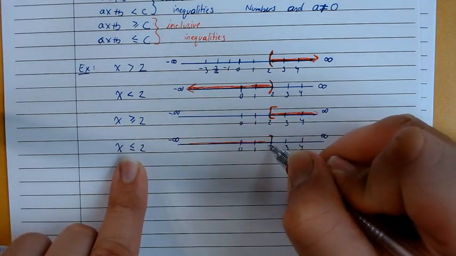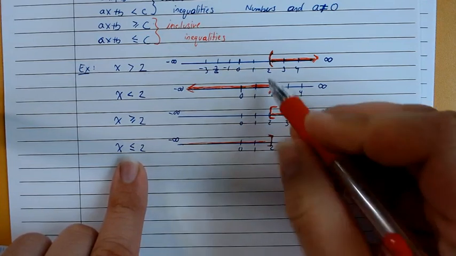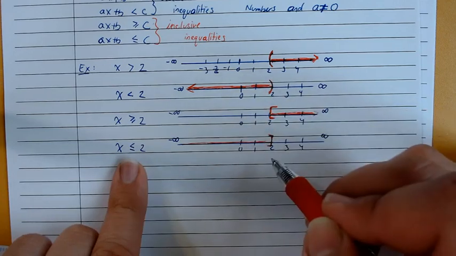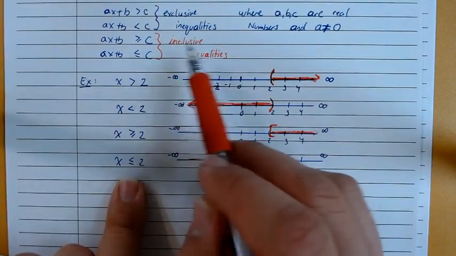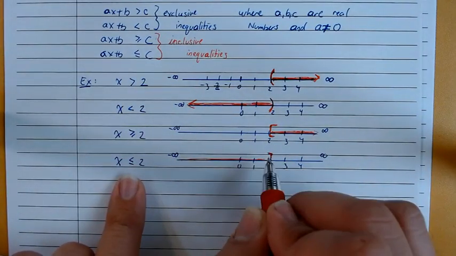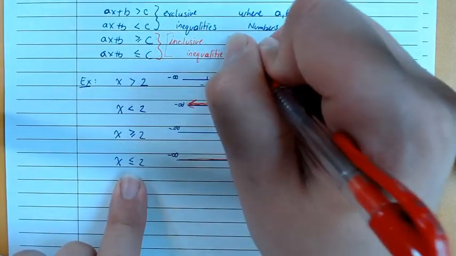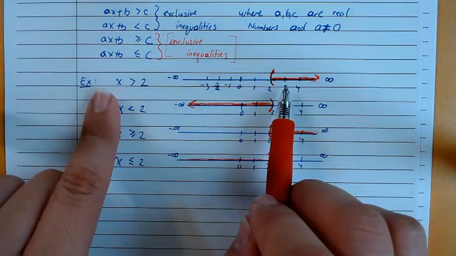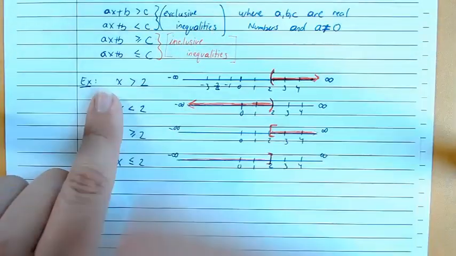So to signify the fact that that 2 is part of our answers now, we're going to use a square bracket as opposed to the round parenthesis that we had before. Okay? So inclusive inequalities that include the boundary, that include that number on the end, use a square bracket. Exclusive inequalities that do not include the number on the end, those use a round parenthesis. Just like that.